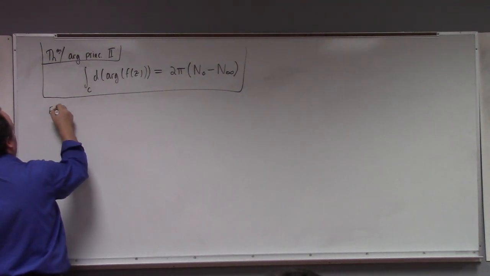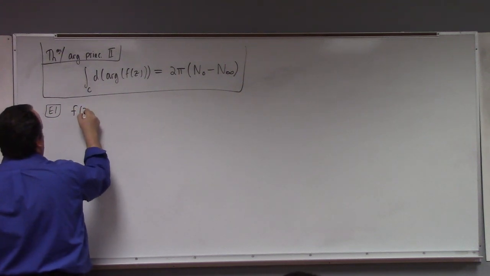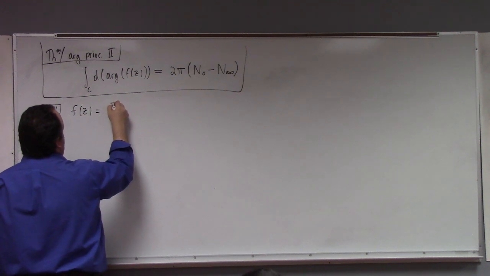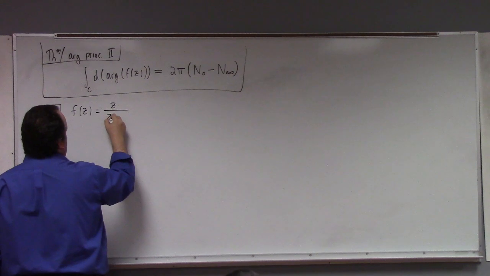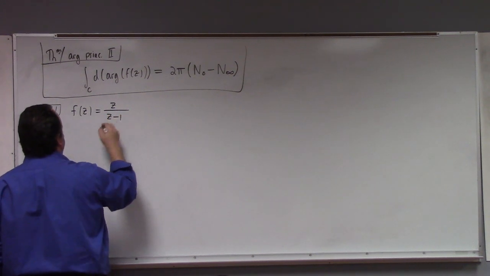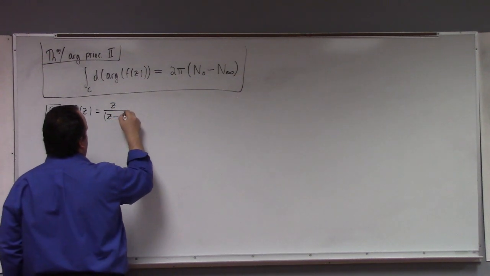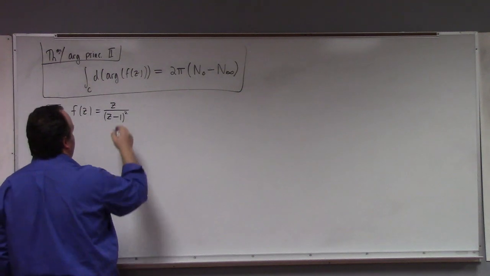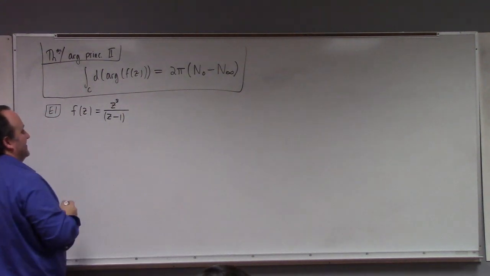Let's make up something like z over z minus 1, squared, and we'll put a cube upstairs, z cubed.